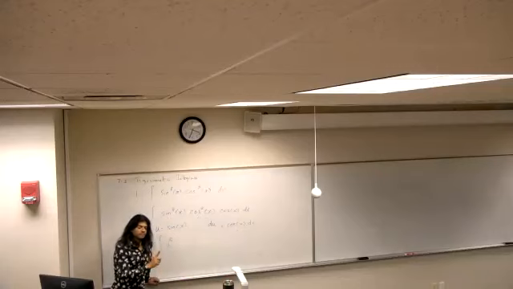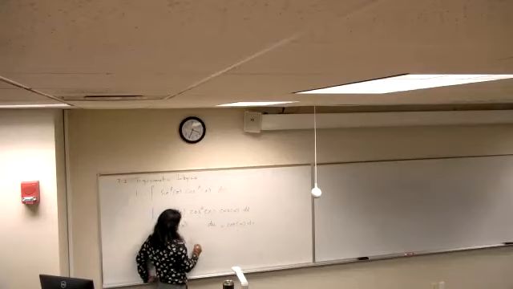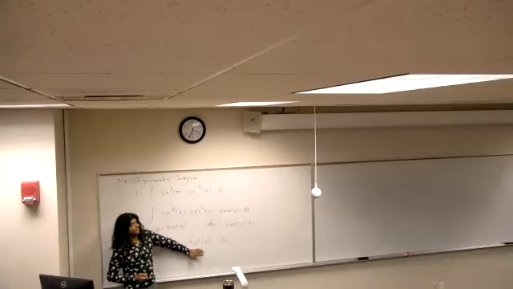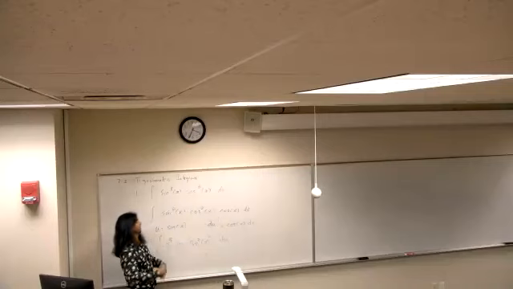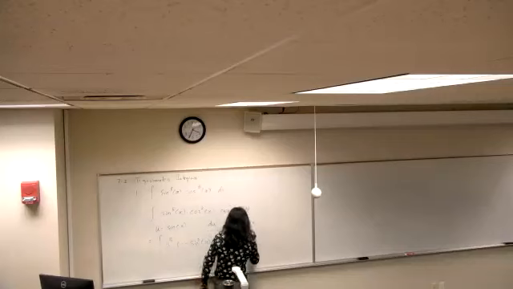Cosine squared, we want to write it in terms of sine. This is where the identity comes into play. I don't want to skip a step, which is why I'm writing this. I can now replace cosine squared x in terms of u. U is sine.